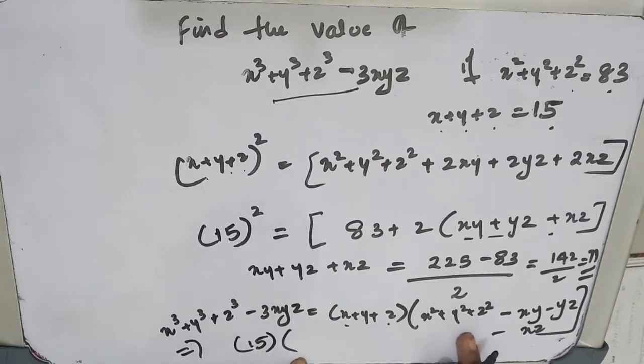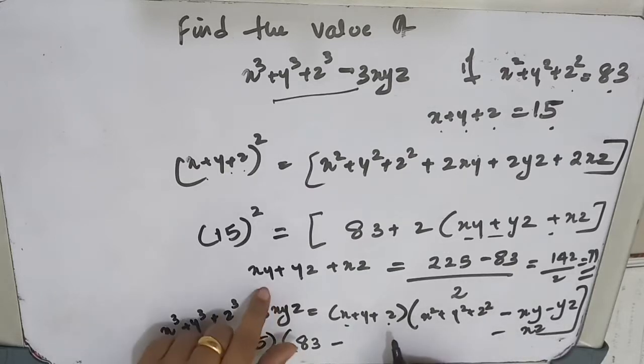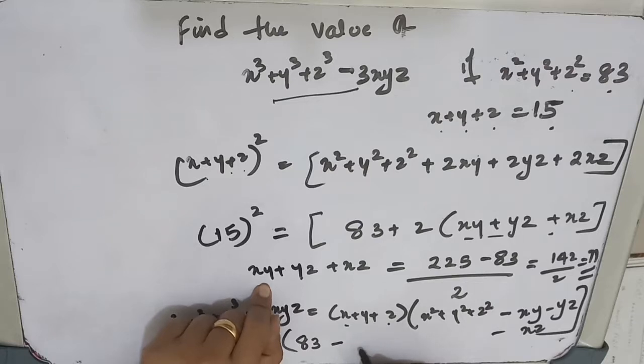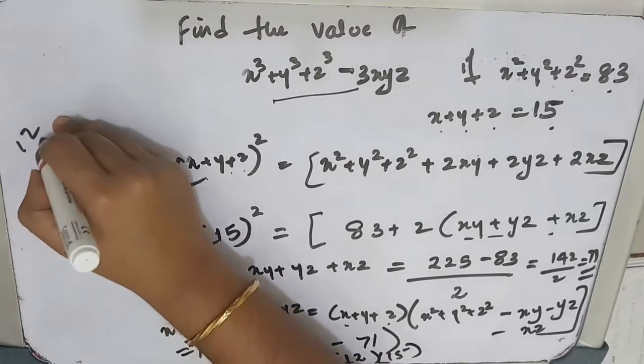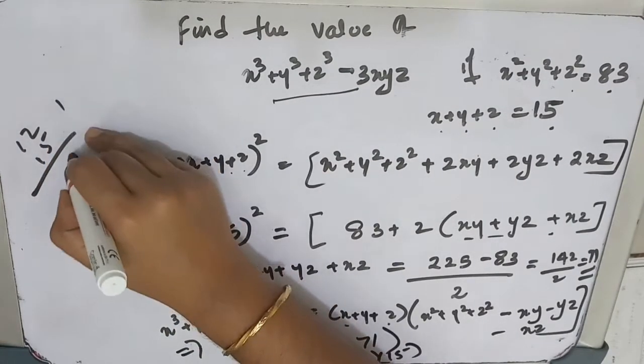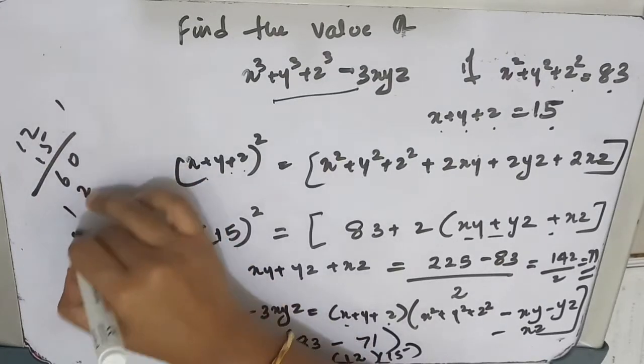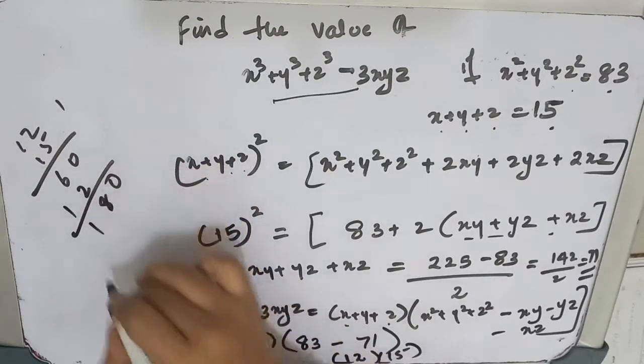We also know the value of x square plus y square plus z square, that is 83, and we know the value of xy plus yz plus xz. So let us substitute this value. Minus 71. 83 minus 71 is 12 into 15. So 12 into 15, we have the value as 180.